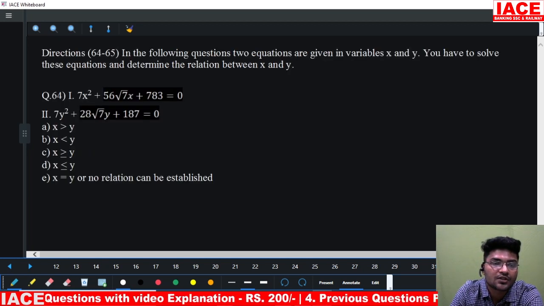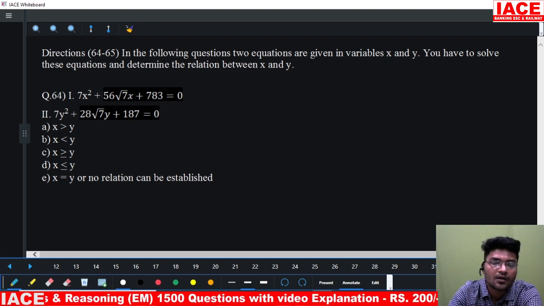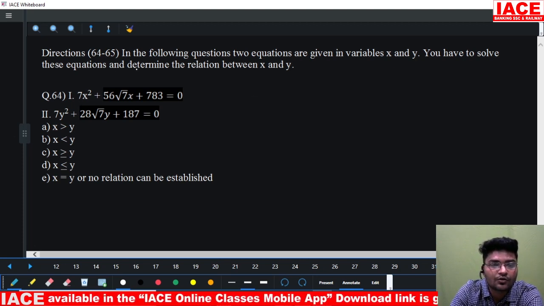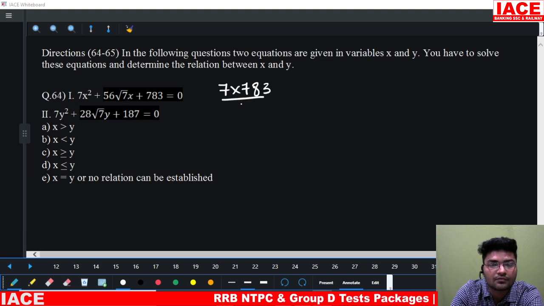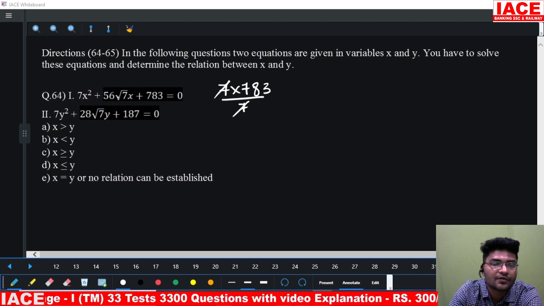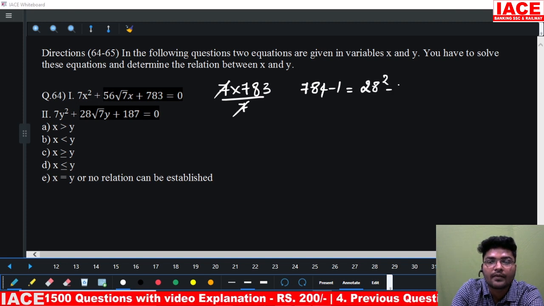Next question, question number 64. Roots are given, nothing to worry. When roots are there, understand 7 into 783. Divide this with the number inside the root. 7 gets cancelled out, so we have 783. Understand that 783 is nothing but 784 minus 1, which is 28 square minus 1 square.